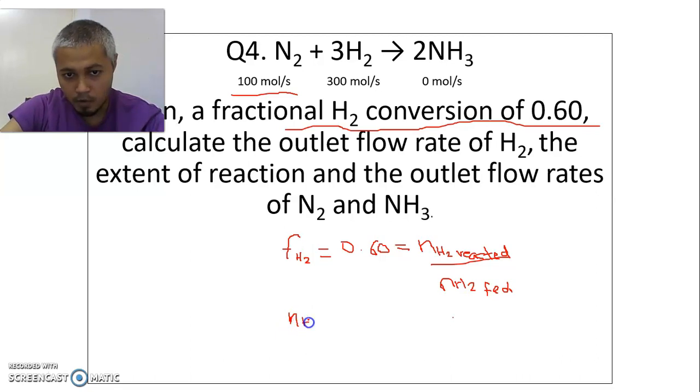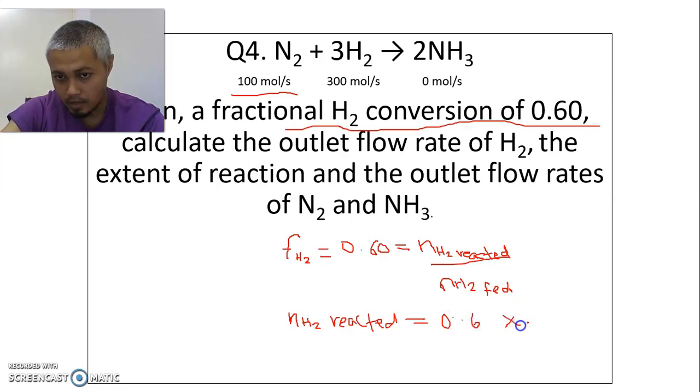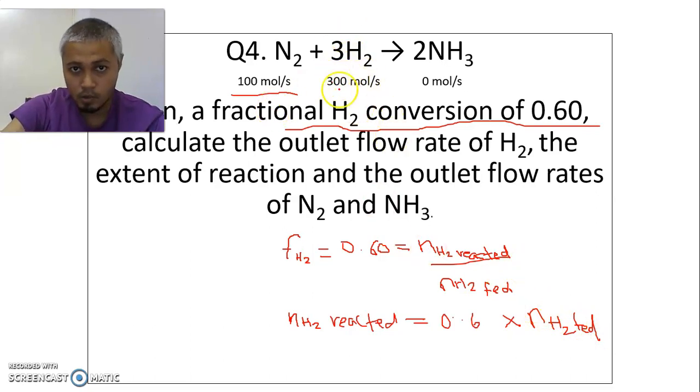the number of moles of H2 reacted, which equals 0.6 times N_H2 fed. N_H2 fed is given in the question, where this is the molar flow rate of H2 in the feed.